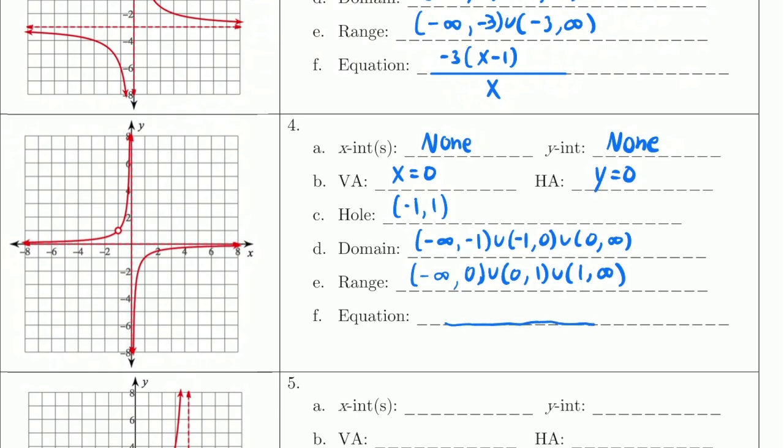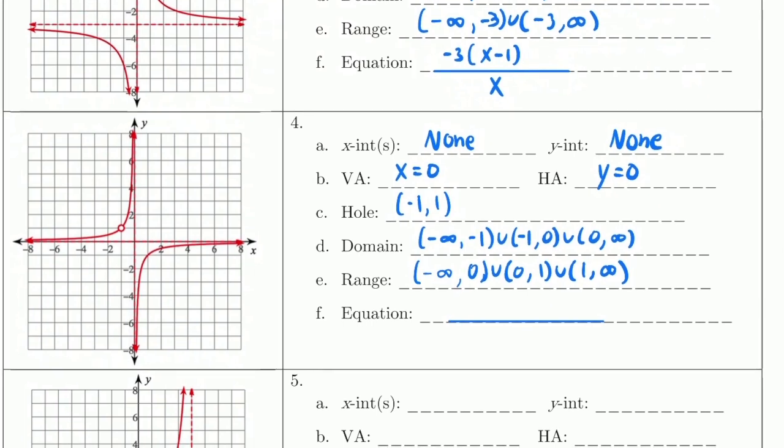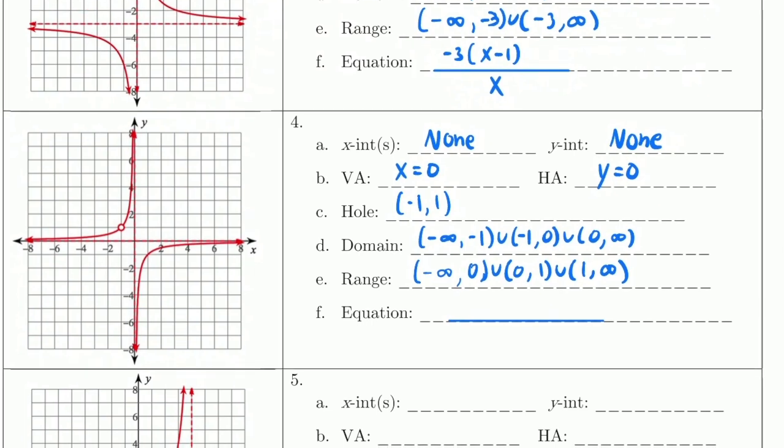And then writing my equation here. Again, I have no x-intercept, so I don't have to write a factor on my numerator. My vertical asymptote is at 0, so I can put an x on my denominator. And then I have a hole at x equals negative 1. So the factor that would cancel out on my numerator and my denominator would be an x plus 1.